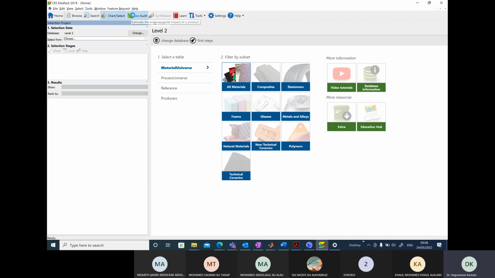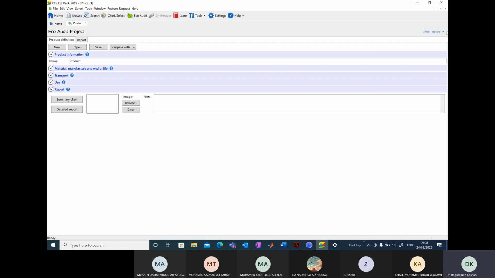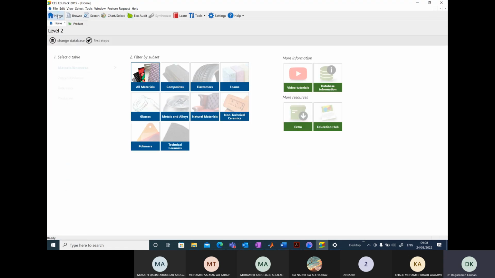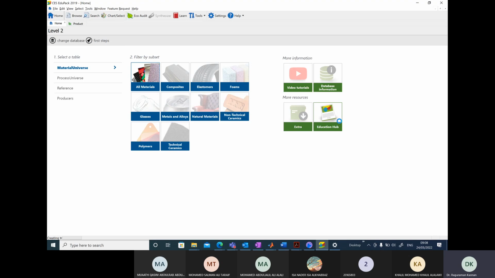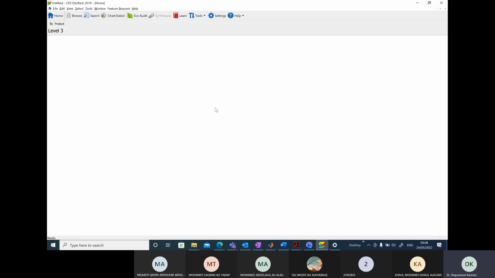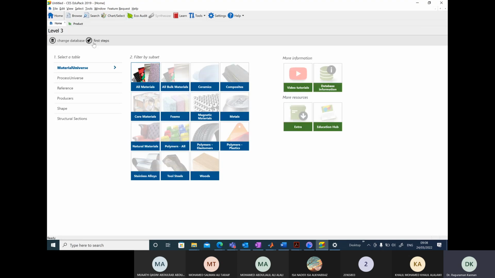This is not the one. Go back to home. We want to change the level. I want to go to level 3. Change database. Okay. So if I go to level 3, I will have much more details on the charts.